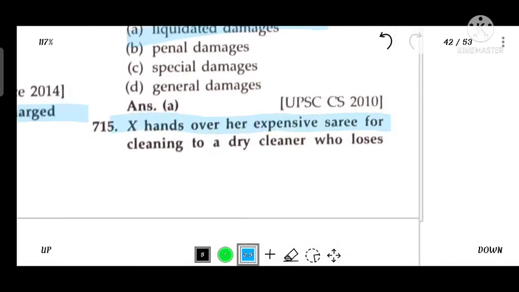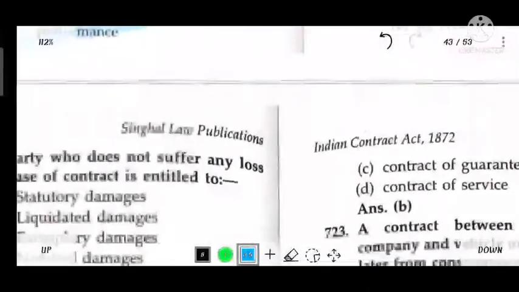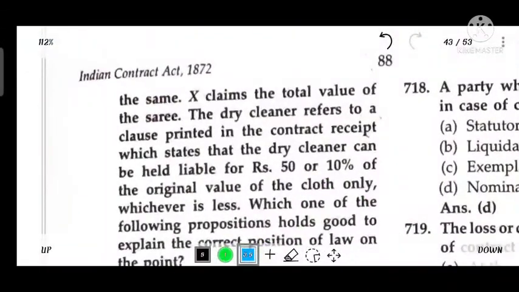X hands over a sari to a dry cleaner for cleaning, who loses the same.